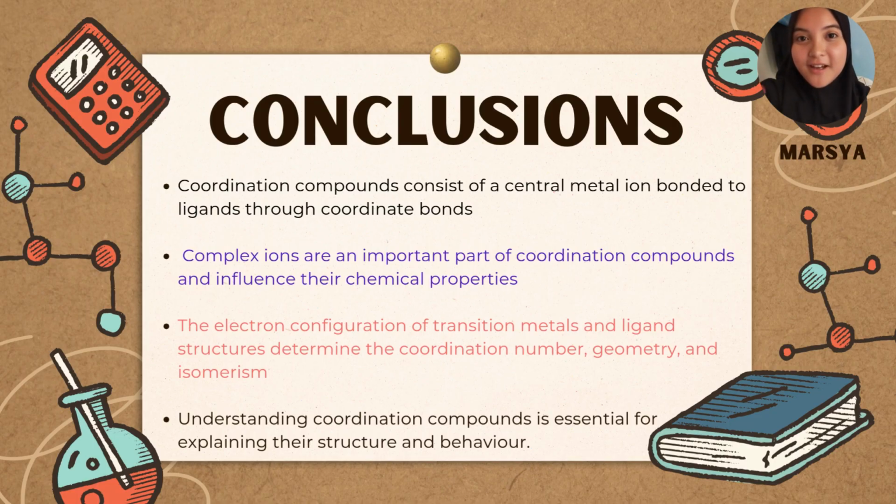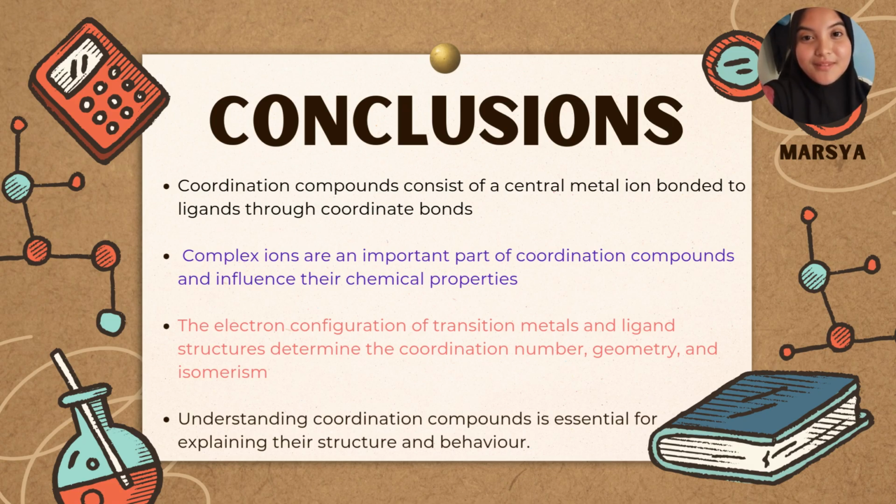To wrap everything up, let's revisit the core concepts we have covered today. First, we have established that coordination compounds are built around a central metal ion bonded to ligands through coordinate bonds. We have seen that complex ions are the most critical parts of these compounds, heavily influencing their physical and chemical properties.